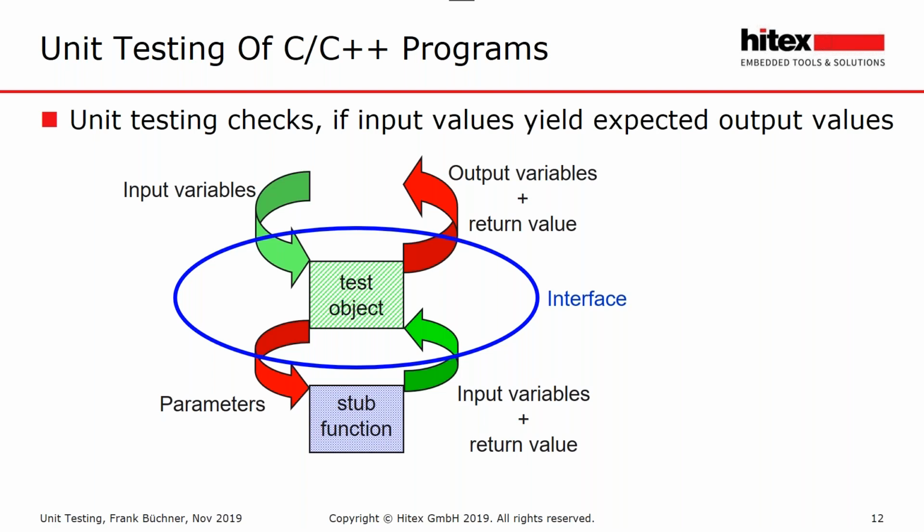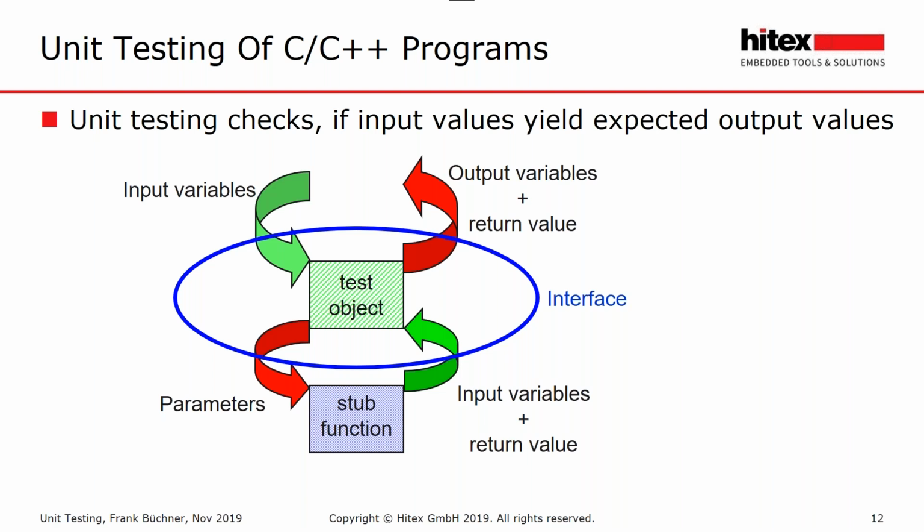Consider a global variable which is incremented by the test object: this variable value is first read by the test object, then it is incremented, and then it is written back, so it is input and output. If the test object has a return value, the return value obviously belongs to the output variables.